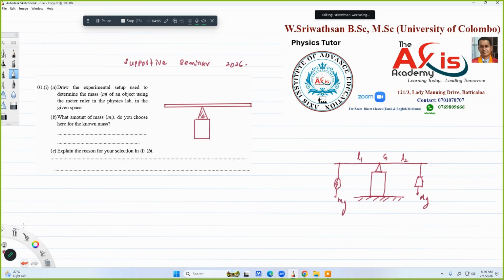This is the meter ruler, and the unknown mass we have to hang on one end.